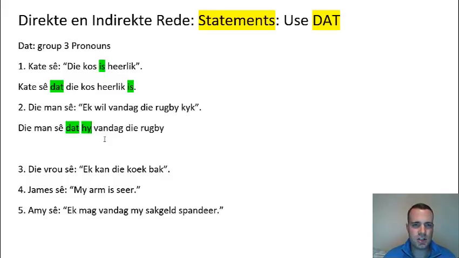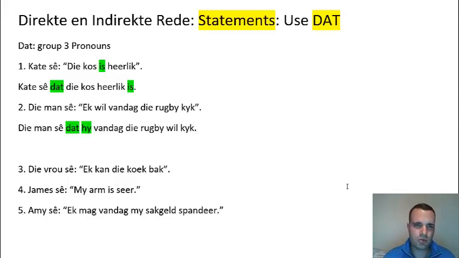It makes sense in this instance to change it. There's your verb 1. It's a helping verb, so you know it's not going to go right to the end. It's going to bump onto the other verb at the end, which is kyk. Die man sê dat hy vandag die rugby wil kyk.